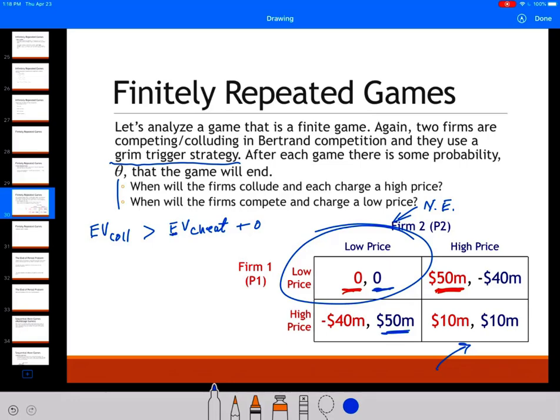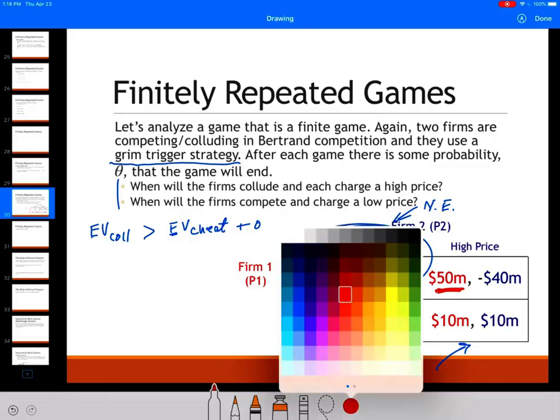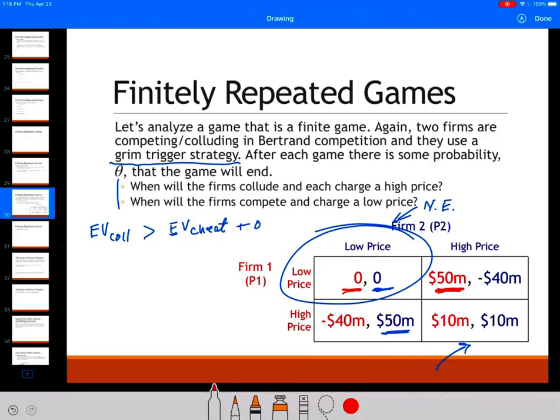Well, let's think about each of these. First, let's do the expected value of cheating. So if they cheat on the collusive agreement, expected value of cheating, and actually I'm going to start to run out of space, so let's go to the next page.